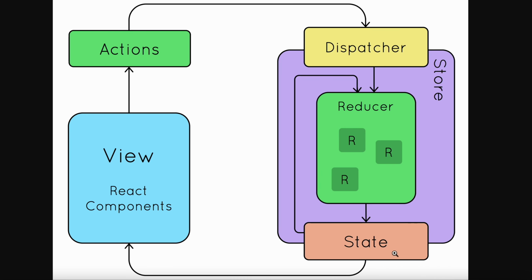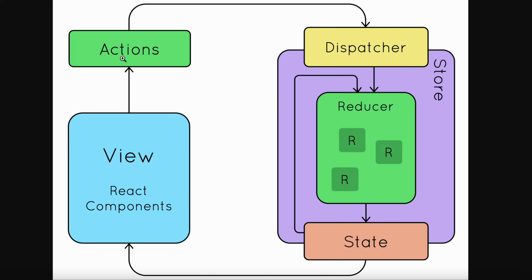This is a diagram representing the state of an app. So you have your view here, which will represent your React Native view, or your div if you're using React.